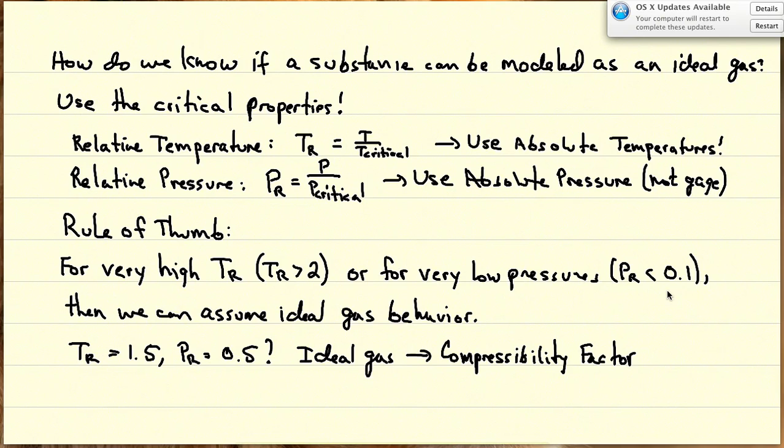But if you were to ever encounter that, you can go to your thermo textbook and it describes compressibility. And then a more advanced thermo textbook will describe real gas behavior. So if you find out, based on your compressibility factor analysis, that you can't assume ideal gas behavior, then you have to apply real gas rules, and you have to go to a more advanced thermo text to be able to do that.